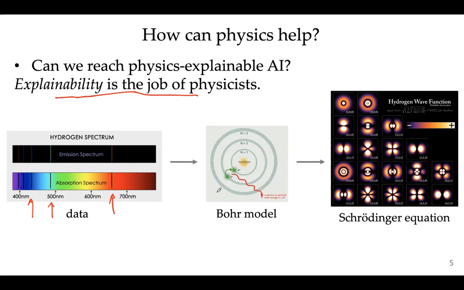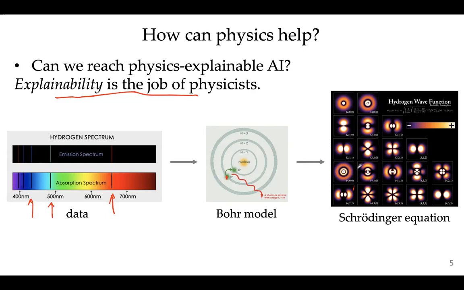Then came Schrödinger, and he wrote the famous Schrödinger equation. He treated electrons as waves. That was a revolutionary idea back in the time. Instead of thinking of electrons as point particles, now the electrons are waves.